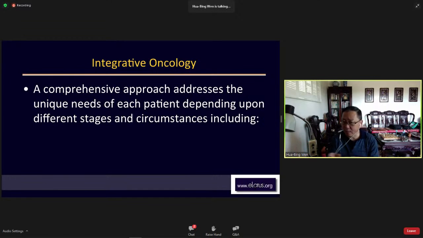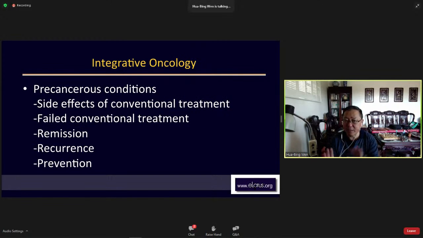But through all stages, focusing on the immune system is probably the most important part. In TCM, we call that increasing the Qi. Different language, but pretty much the same thing.